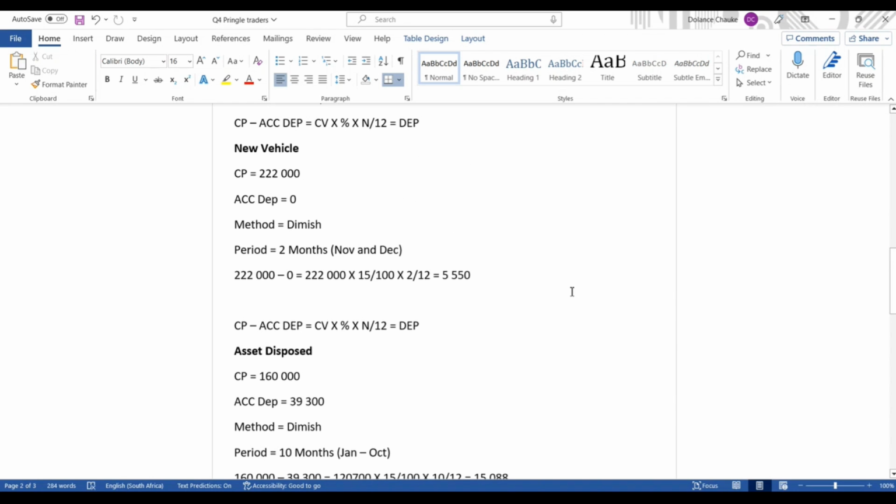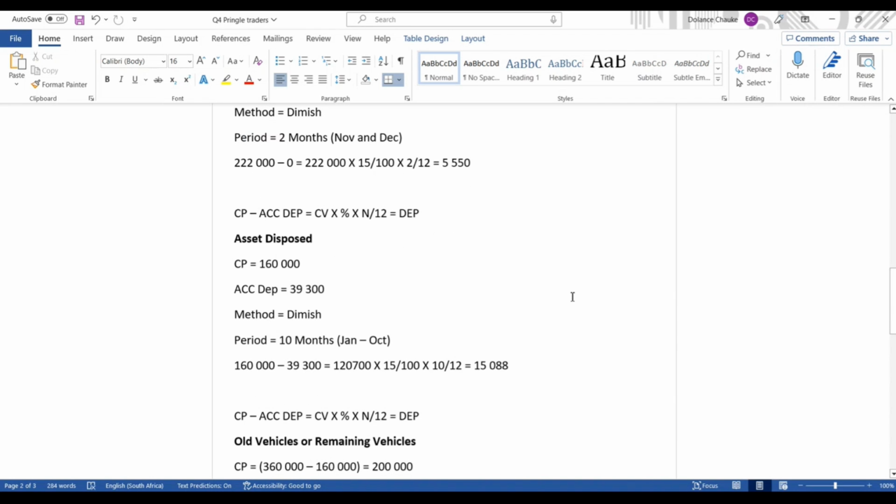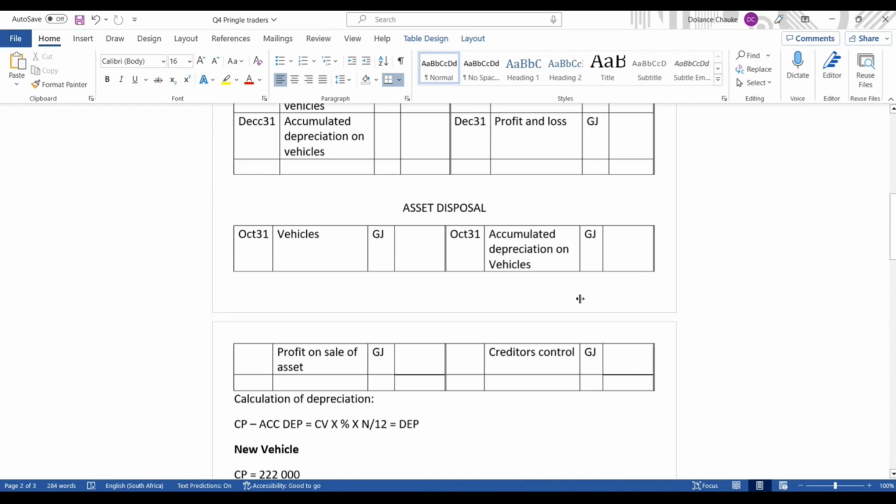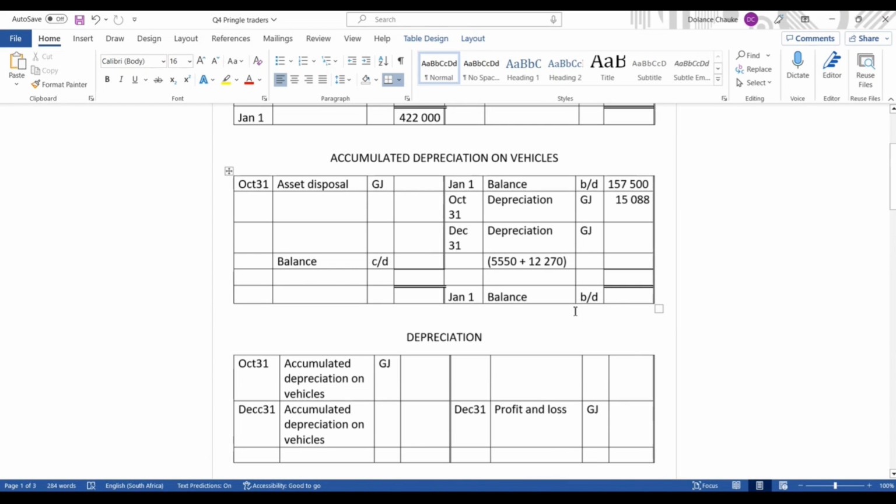Because it's the asset disposal. Like we said, it's an asset disposal. Correct. You know why we're taking it here? Because it was there within our period, from the 1st of January until October. Within our own period, it doesn't matter whether it's disposed, but we need to record that because it was there.